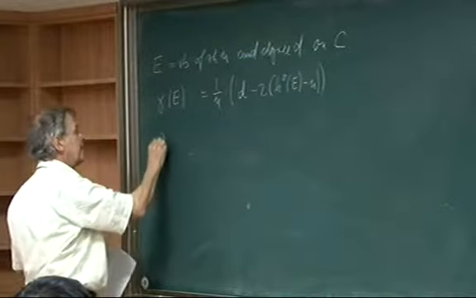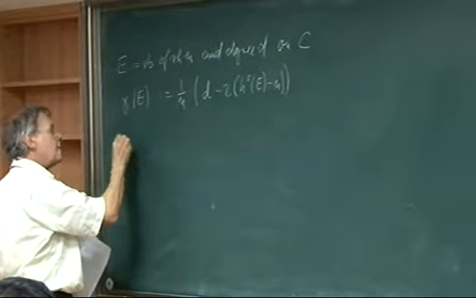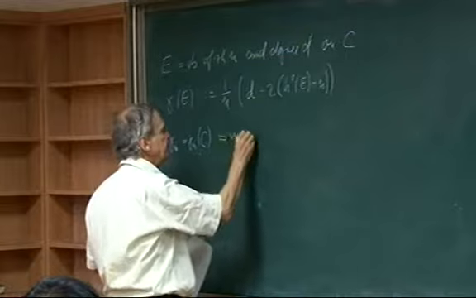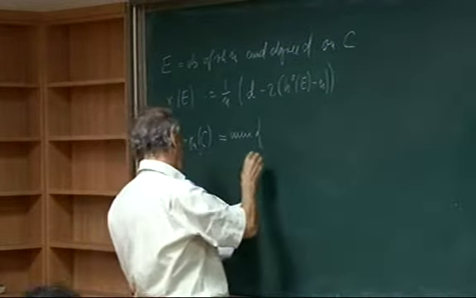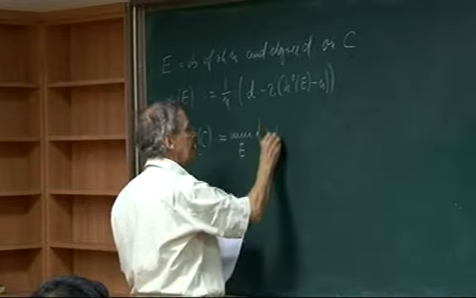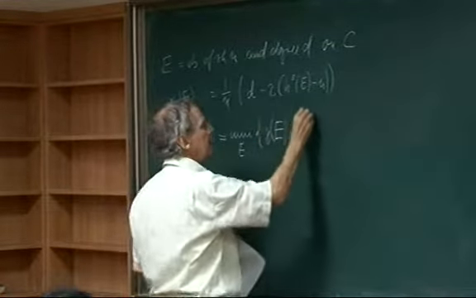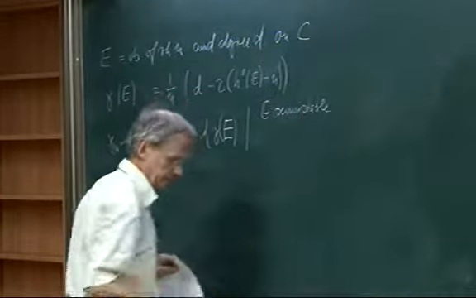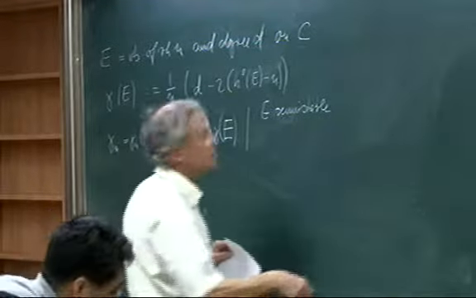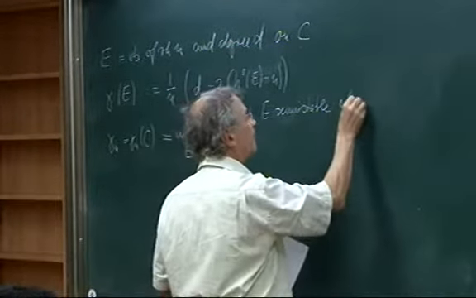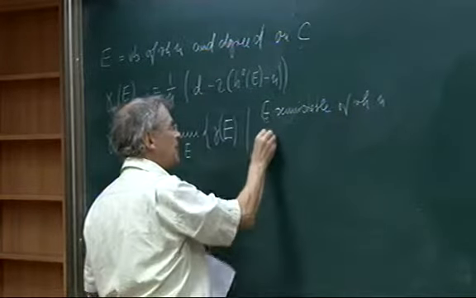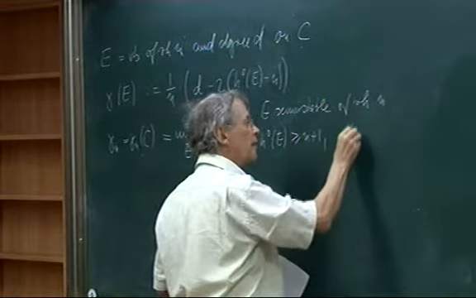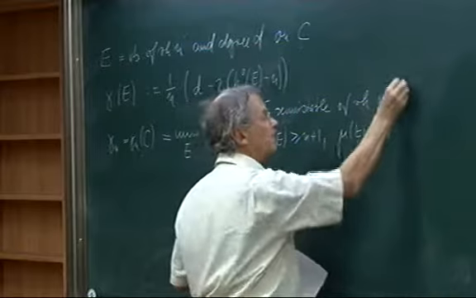And the invariant gamma n, which is an invariant of C, of course, is the minimum over all vector bundles E of the numbers gamma of E, where E is semi-stable of rank n, and h0 of E is greater or equal to n plus 1, and the slope of E is less or equal to g minus 1.